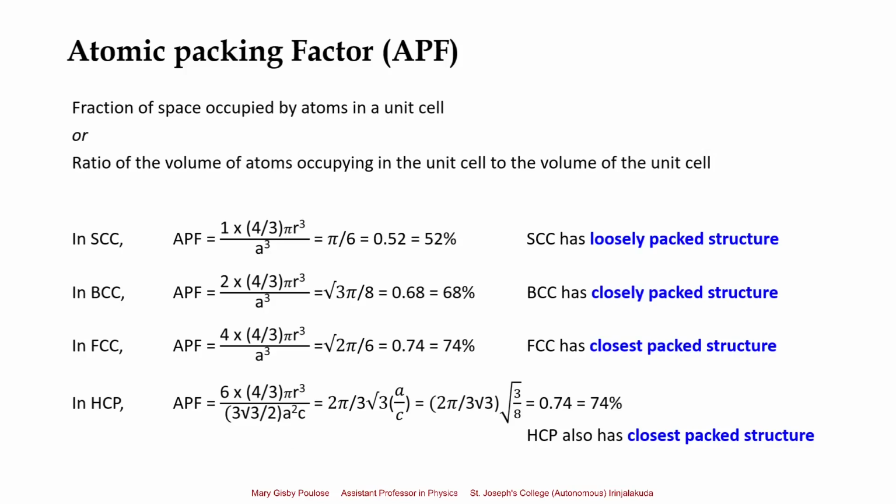Now substituting for a using the relation 2r equals a, we get 2 pi by 3 root 3, the whole into a by c. From this structure, we have the calculation that a by c is equal to root 3 by 8. Substituting that, we get 0.74. That is again 74% of the unit cell is occupied by the atoms. So HCP also has the closest packed structure.